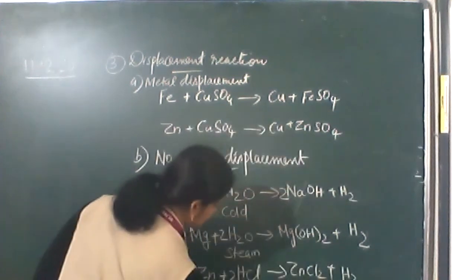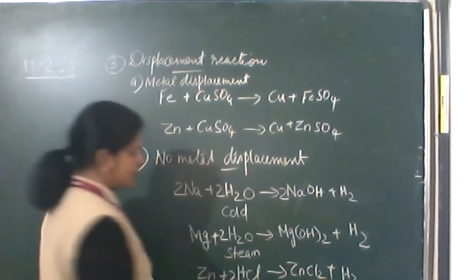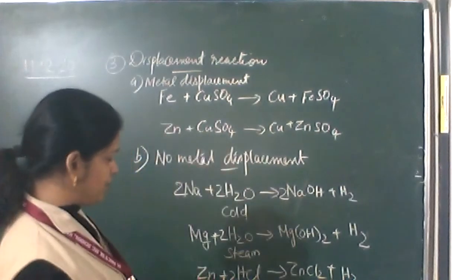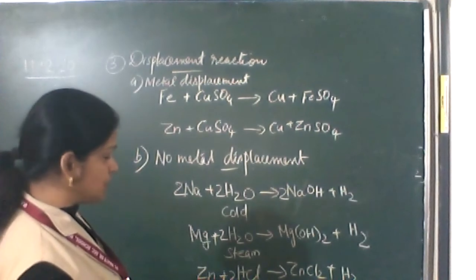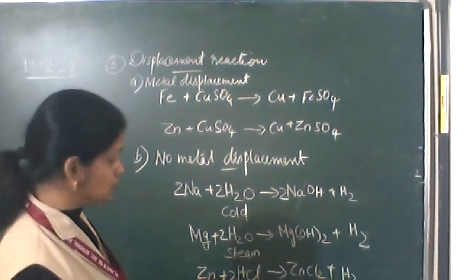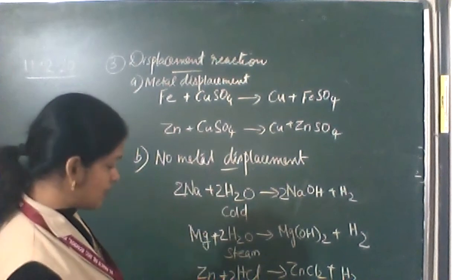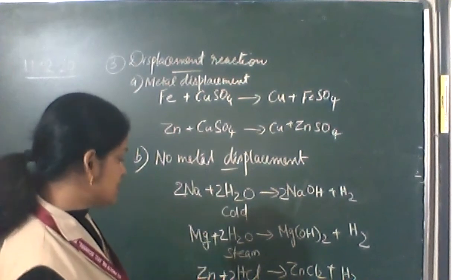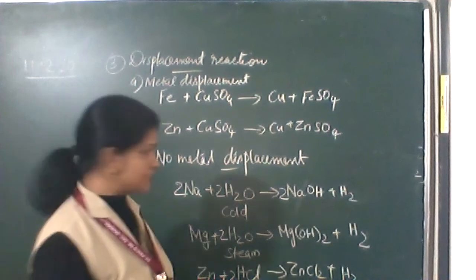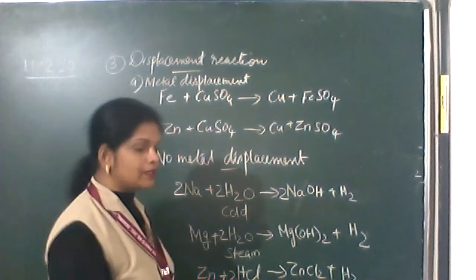So this is with acid. Fe can also react with steam to form Fe2O3 and H2, but the reaction is very slow. But Fe can easily release hydrogen with HCl. So that is non-metal displacement.